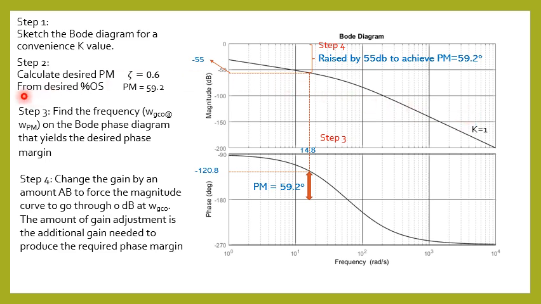Then the second step, you calculate the desired PM from the desired percentage overshoot. The desired percentage overshoot is 9.5, and if you use the equation shown in the previous slide, you will get damping ratio to be 0.6 and the PM to be 59.2 degrees.